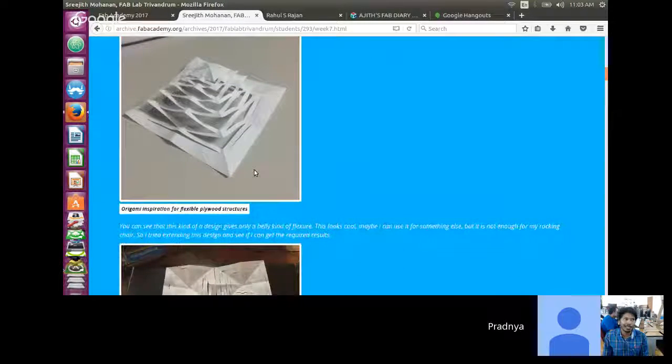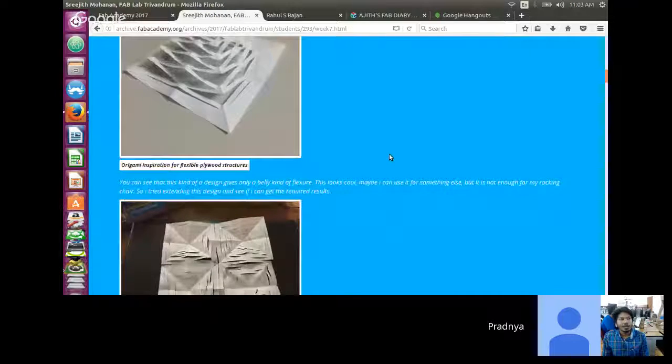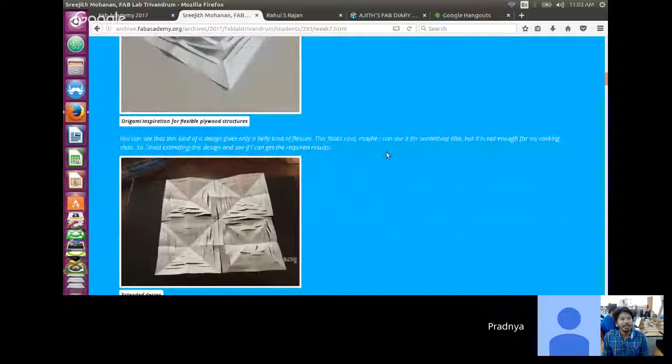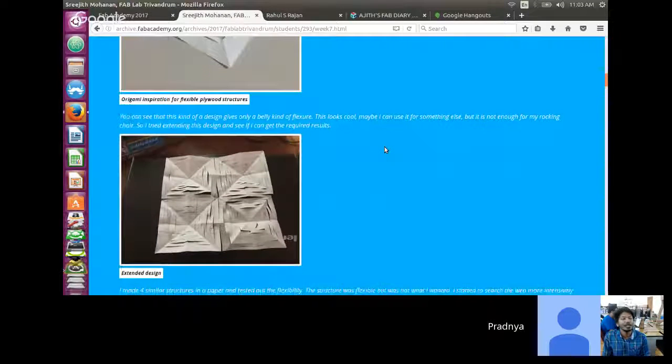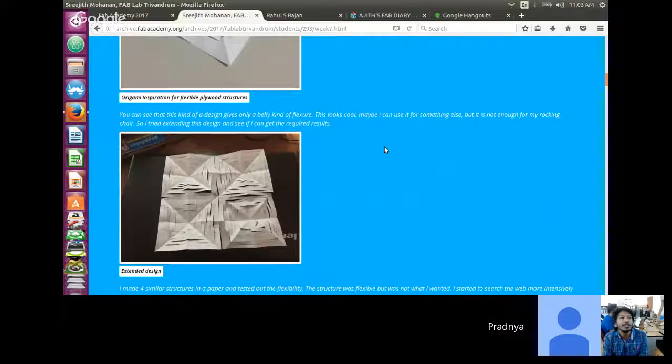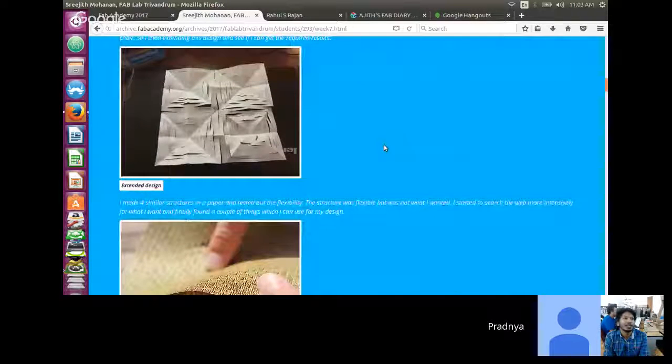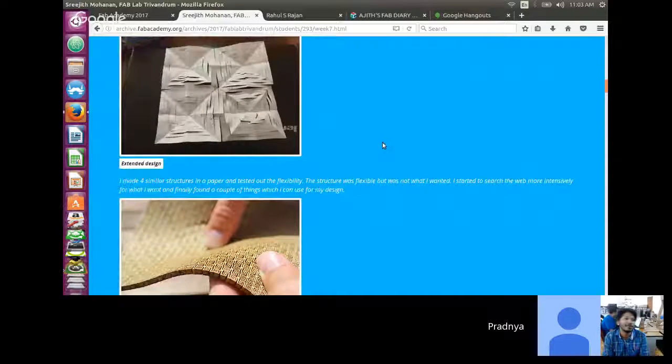I made it, and I thought I could extend from this and make a flexure for the same purpose. But this particular design was not useful enough for my purpose, so I started looking on the internet and found other designs.